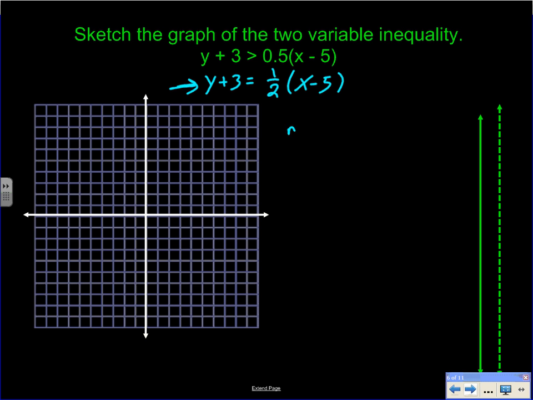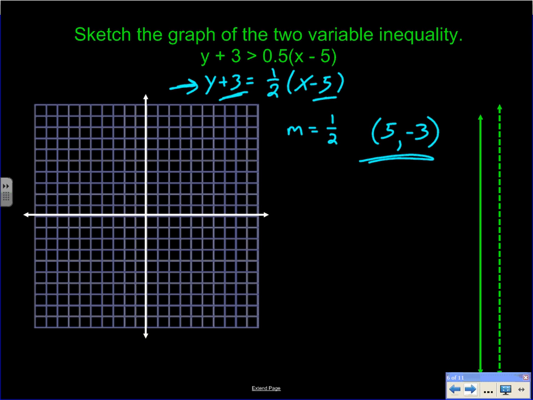So we know m is equal to 1/2, and the point that is given to us, well, there's the x, and here's the y. Remember, it should say y minus y sub 1. So since it says y plus, that means y sub 1 is -3. And so from here, we graph the equation.